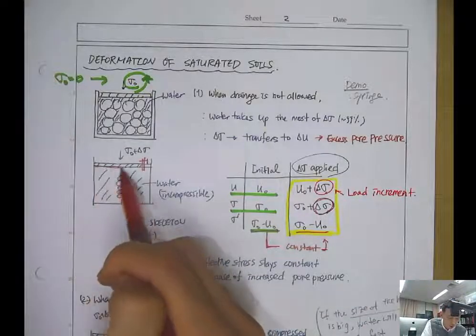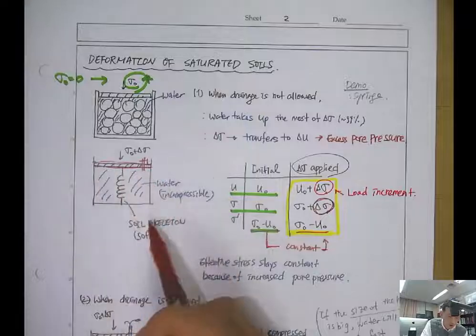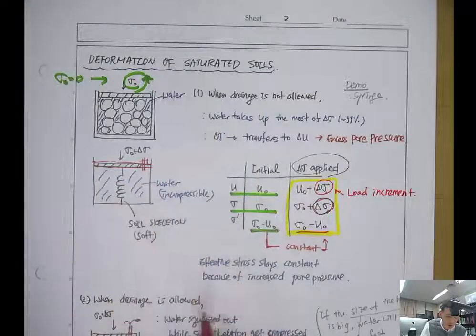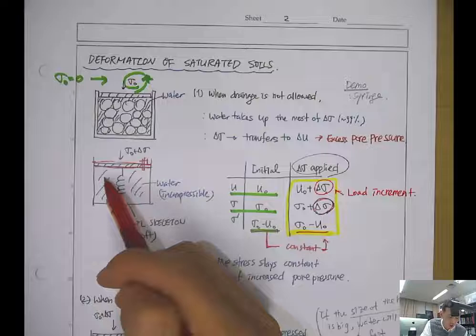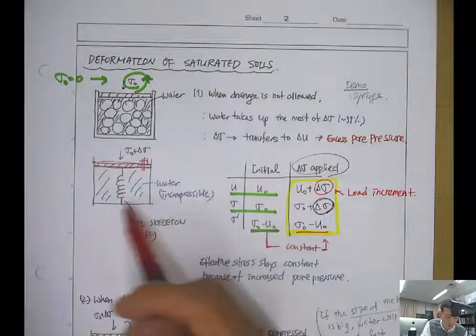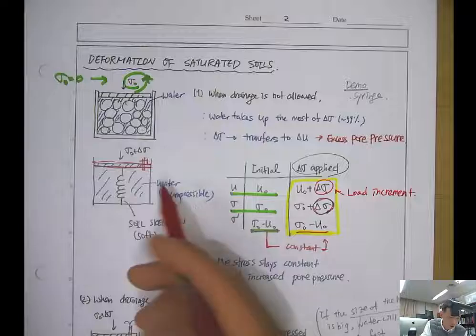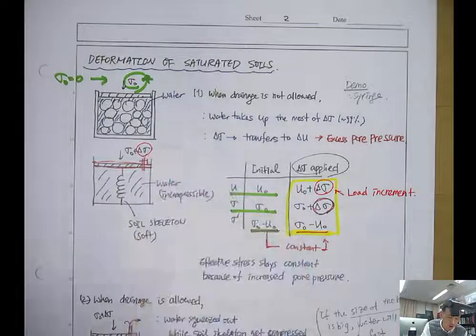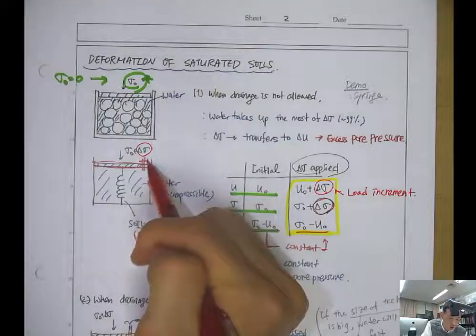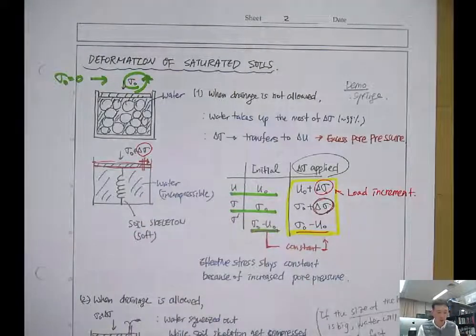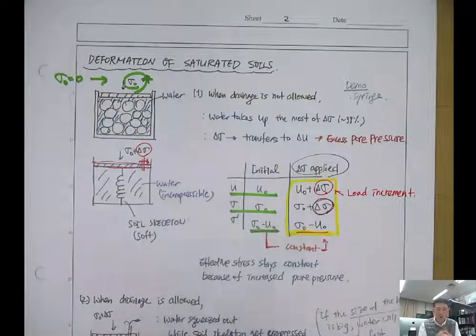There's a loading plate and there's a spring, which is the soil skeleton, and the void space is full of water, which is incompressible. And when you increase the total stress by delta sigma, because there's no small hole for water to escape, the water pressure will go up.